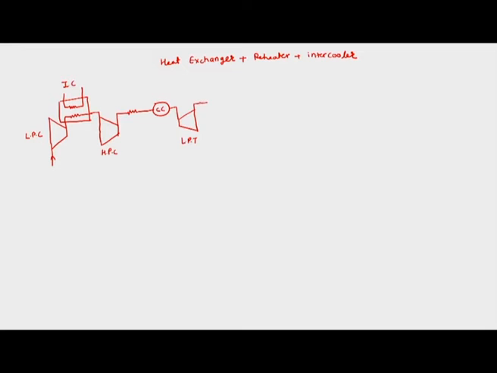From the low pressure turbine, gas will go to the high pressure turbine. So this is the high pressure turbine. From that we will have an exhaust initially going into the heat exchanger, and from there it will go out.